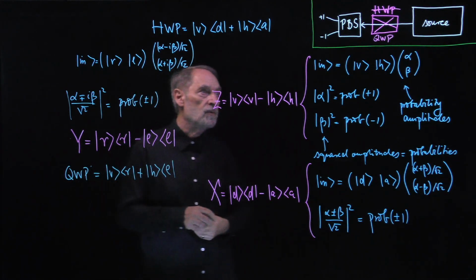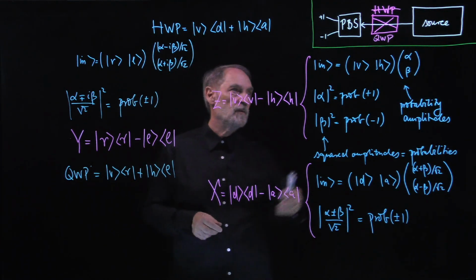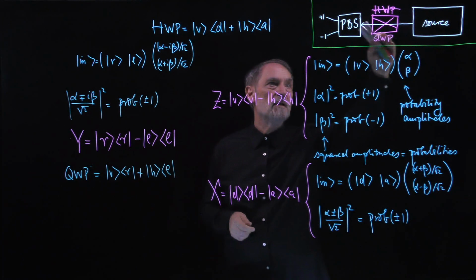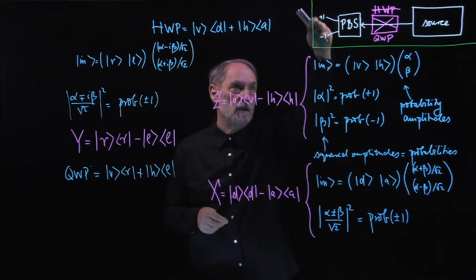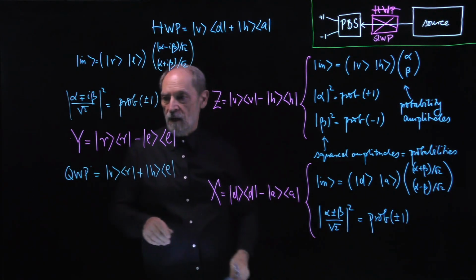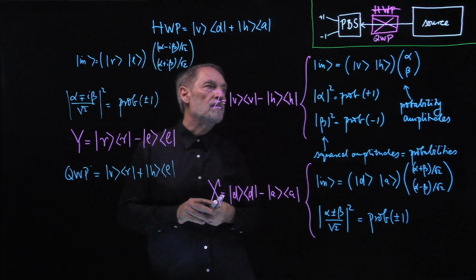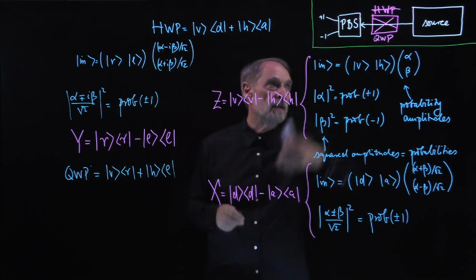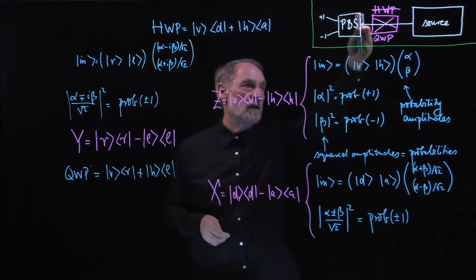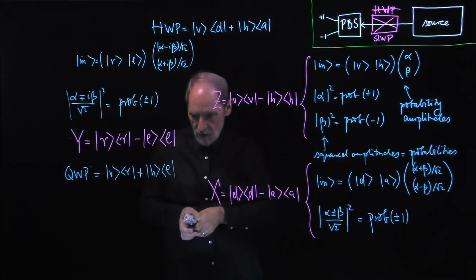And so there's a third way of conducting the experiment, where we have a quarter-wave plate before the photon enters the polarizing beam splitter, and now the +1 and -1 outcome are associated with right-handed and left-handed polarized photons entering the device, which now consists of a quarter-wave plate followed by a polarizing beam splitter.